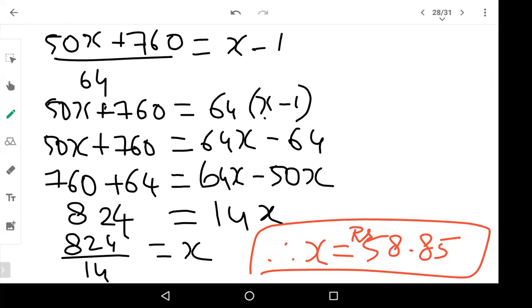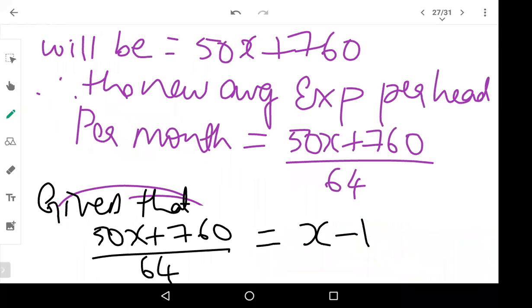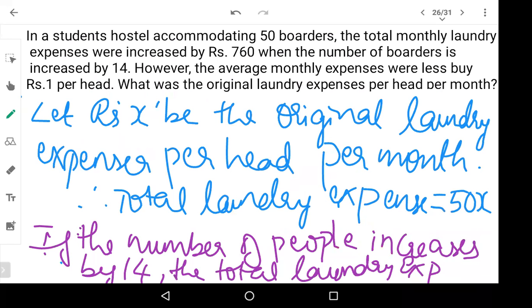Now, what was this X? What did we derive as X? Let X be the original laundry expenses per head per month. So which means every student who is staying in the hostel was supposed to pay 58 rupees 85 paise for the laundry person to get his clothes washed.